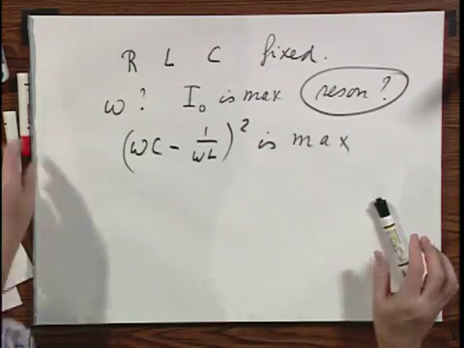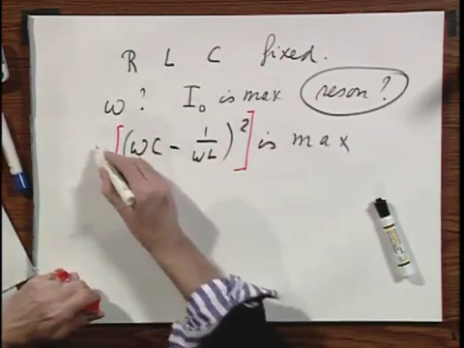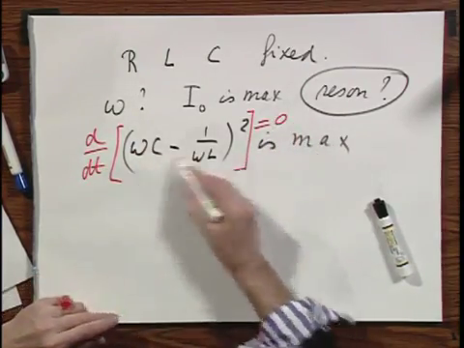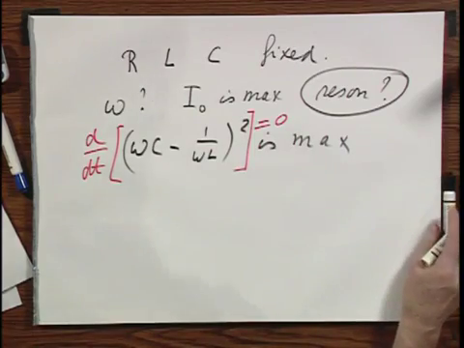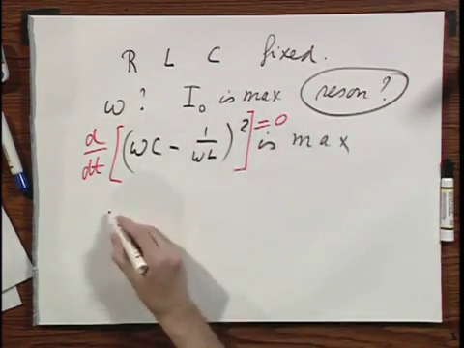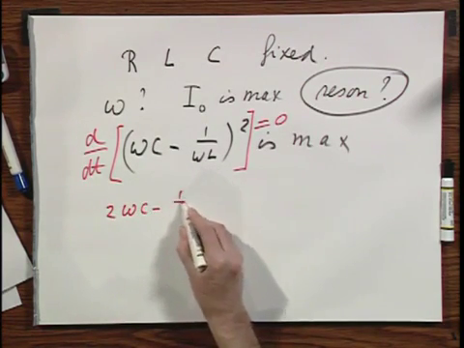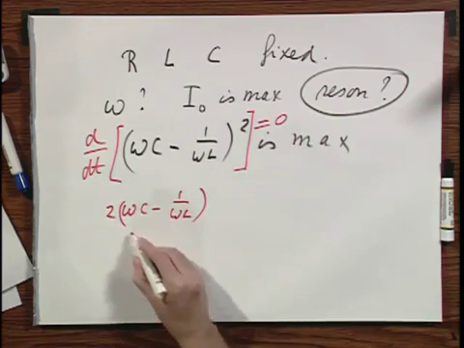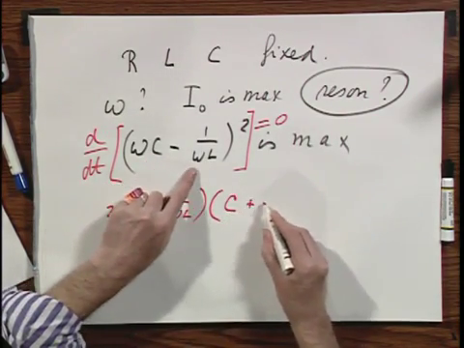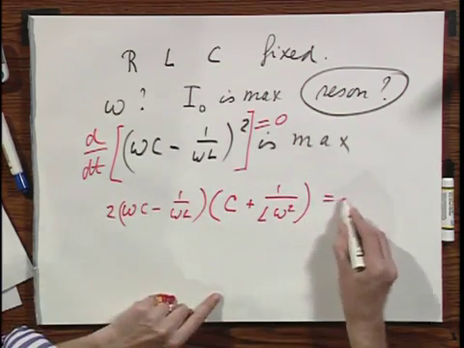So some of you may be very clever and you may say, aha, I take the derivative of this and I make this equal to 0, and of course I will find a maximum value, no doubt. Well, why don't you do that? Let's do that together. We get 2 times (ωC minus 1 over ωL). I use the chain rule. Then I get here a C, and then I get here plus 1 over L ω squared, and that must be 0.